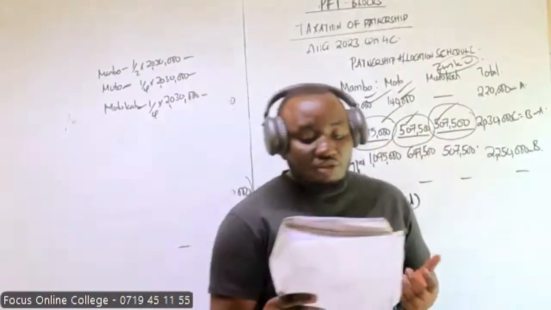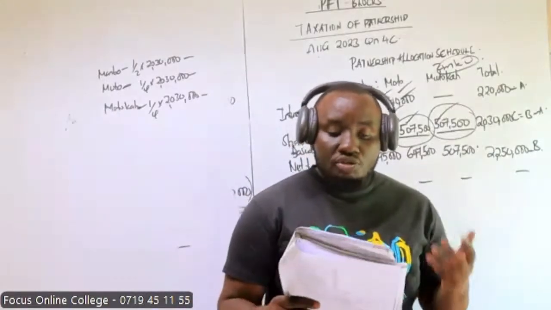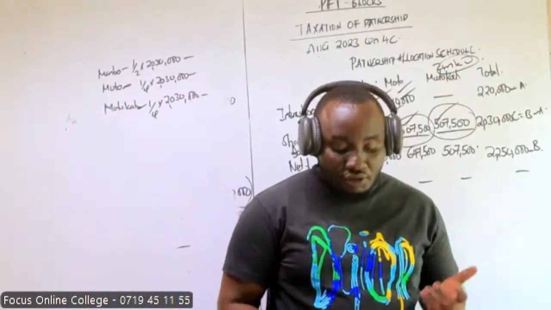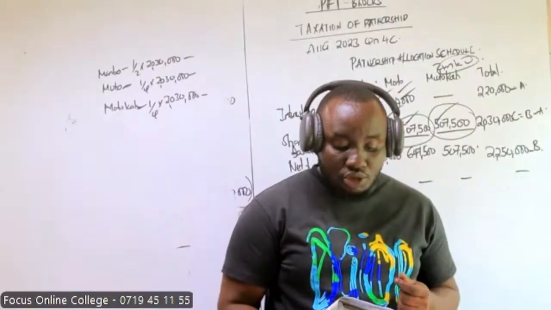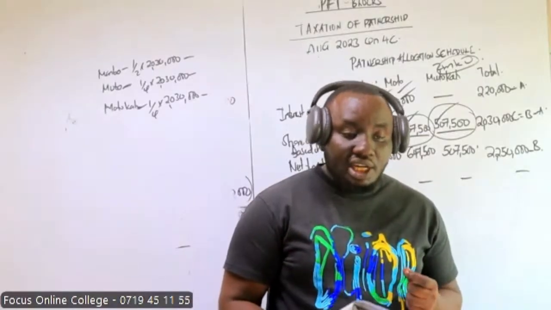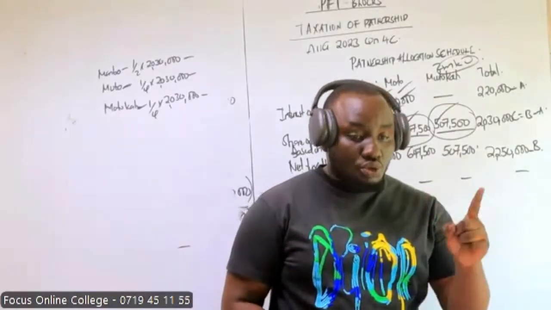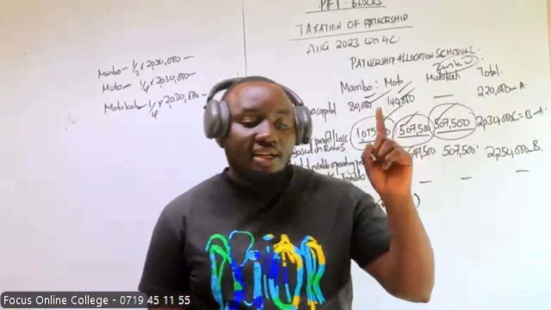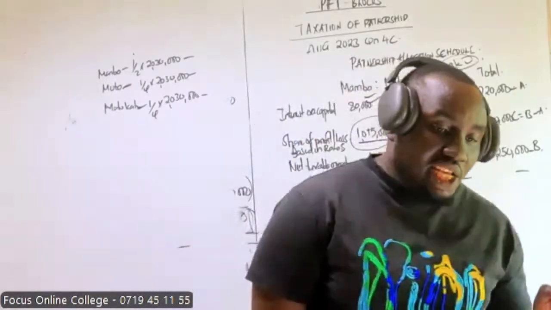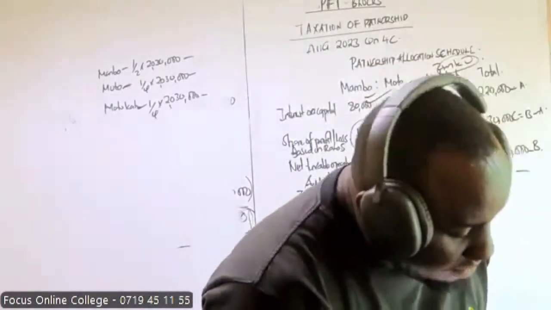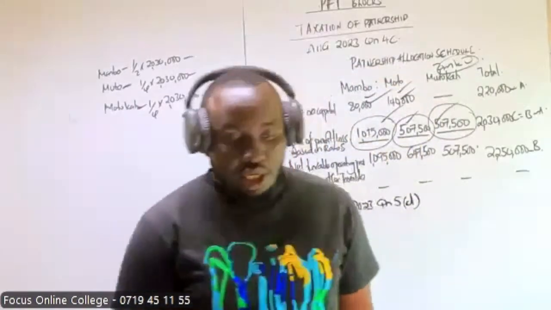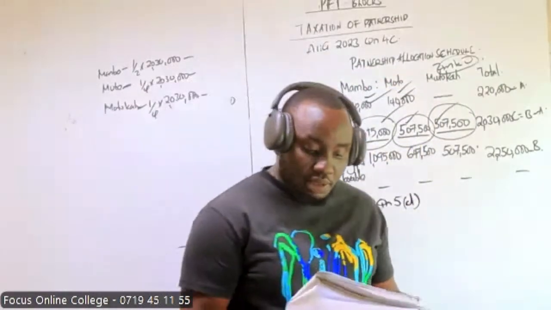So then you're being told that the following information was extracted from the books of accounts for the year ended the 1st December 2022. Again, we're given the income statement. Same concept.